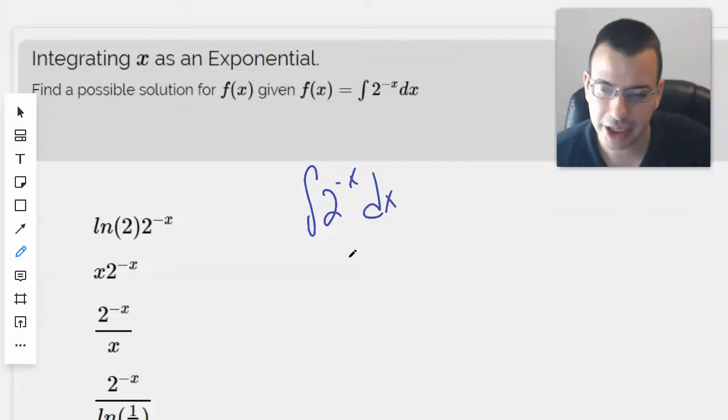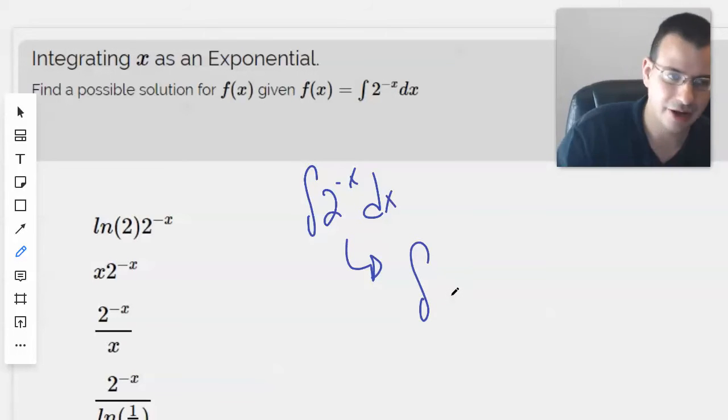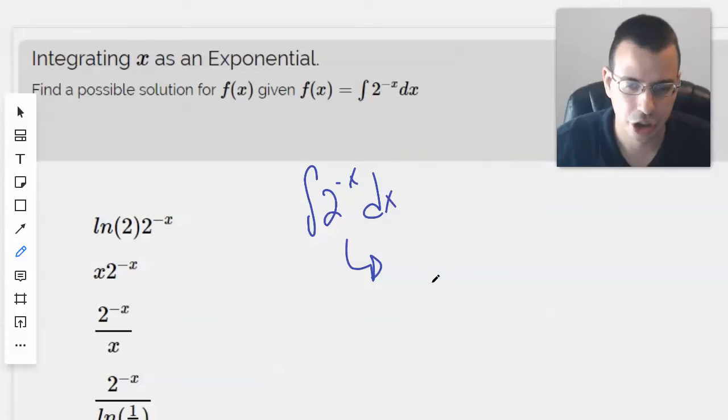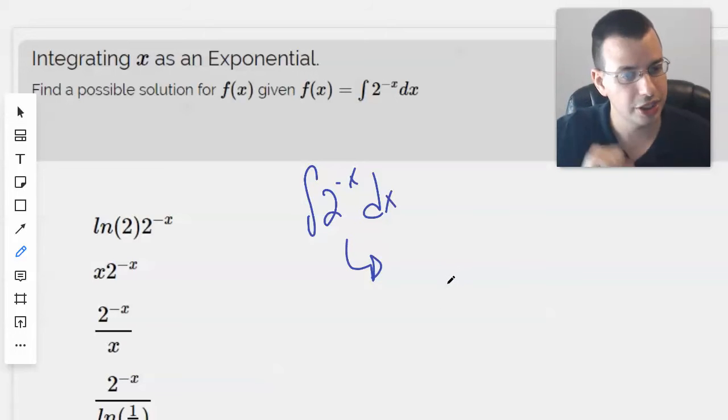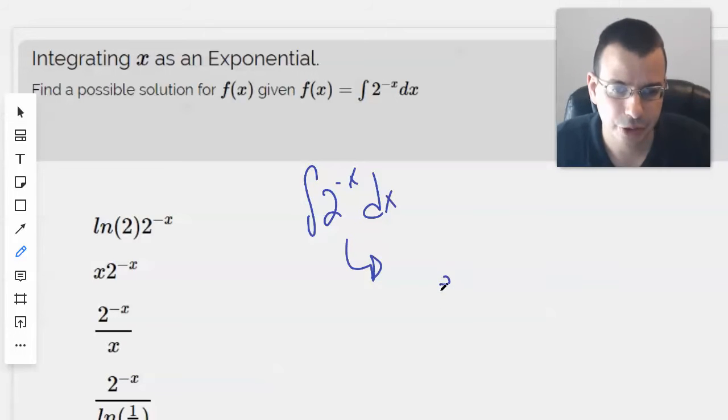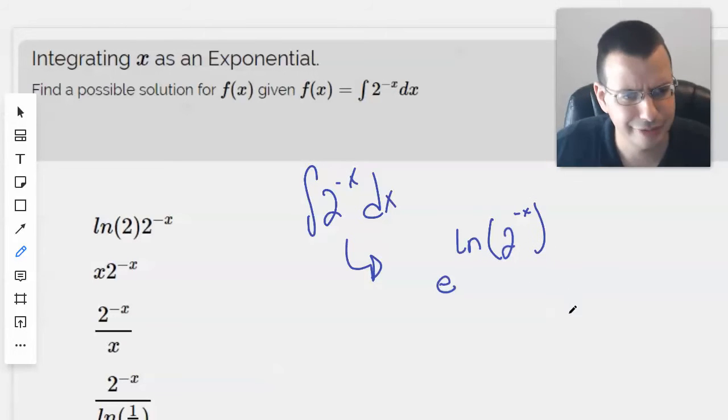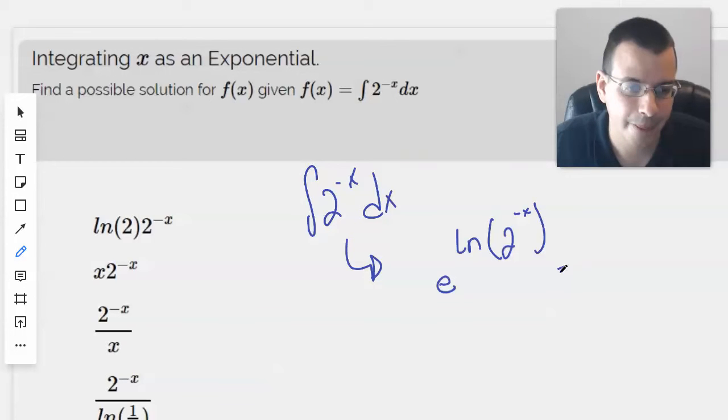And the way it is, we'll start by rewriting this. I'm going to leave off the integral for now, just to show how we can rewrite 2 to the negative x. So we'll say this is the same as e to the natural log of 2 to the negative x. And you're like, wow, that's kind of cumbersome. It is.